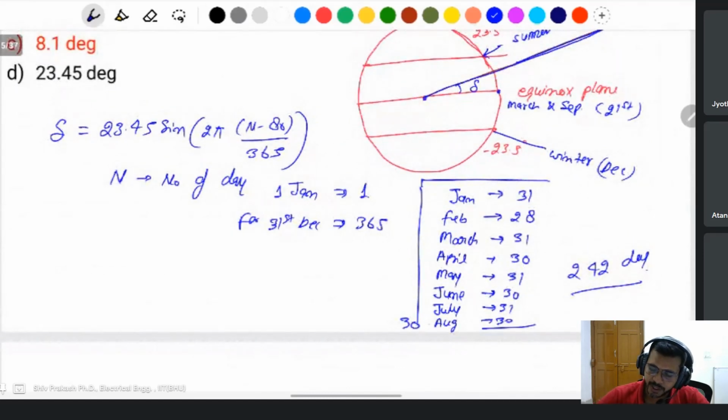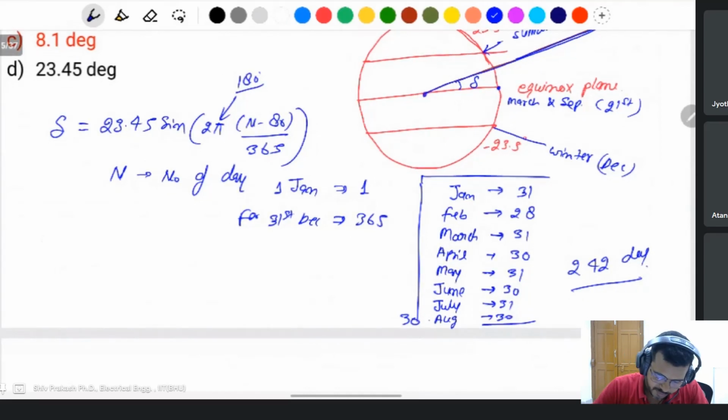Then put the value 242 in the place of n, and in place of pi in radian put 180 in degree. Then calculate delta, with minus 80.